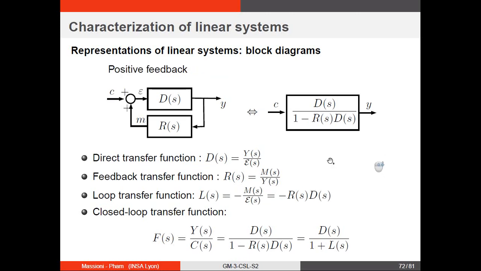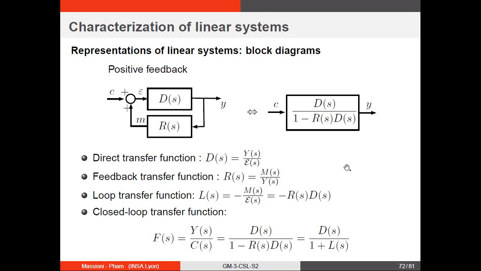In case we have a positive feedback over here, we still stick to the previous definition. So basically, if you have a positive feedback over here, then you can imagine we just multiply and divide by minus 1 on this line over here in order to make the negative feedback appear again, and then you have a minus r appearing here. So you have a minus in front of the loop transfer function, which then becomes minus rd in this case.